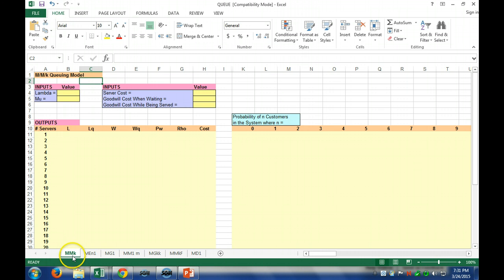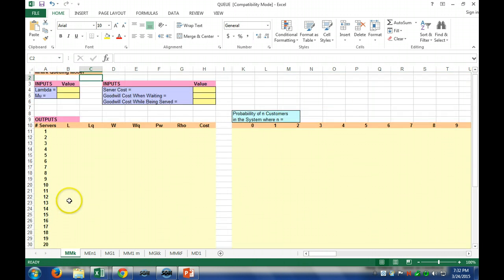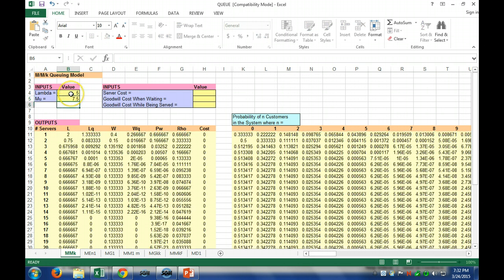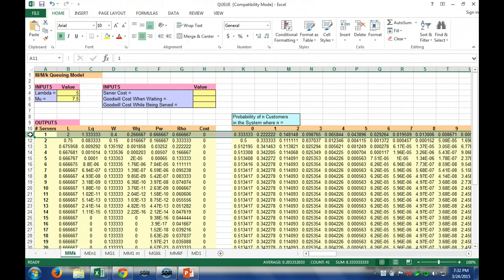The first one is M/M/K, which means Markovian, Poisson arrivals, exponential service, and K servers, where K could be 1, or go all the way up to 30. In this case, it's M/M/1. All I need to do is enter lambda here. Lambda is 5, mu is 7.5, and it calculates all of my results using Little's formula, which we don't need to know, for 1 server, 2 servers, 3 servers, and 4. We're just talking about 1 server, so we're going to focus on this row.